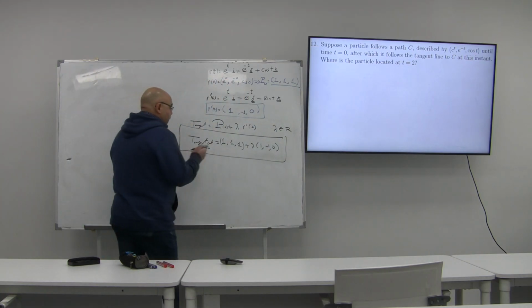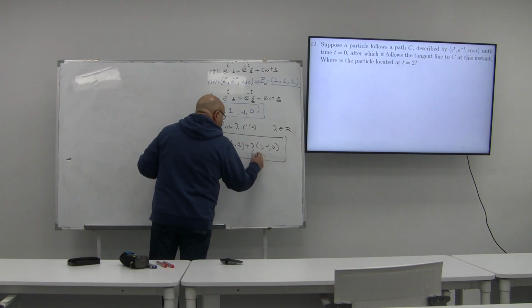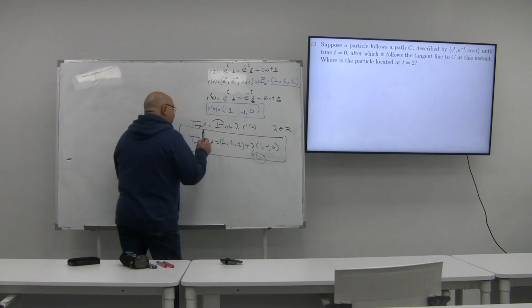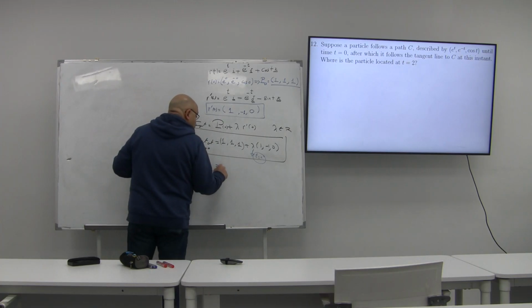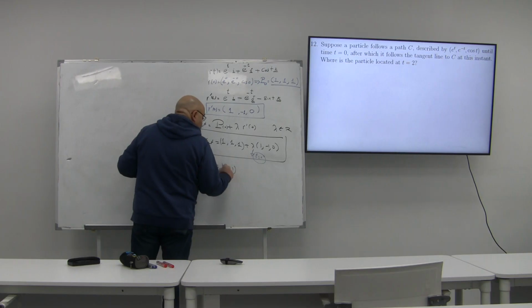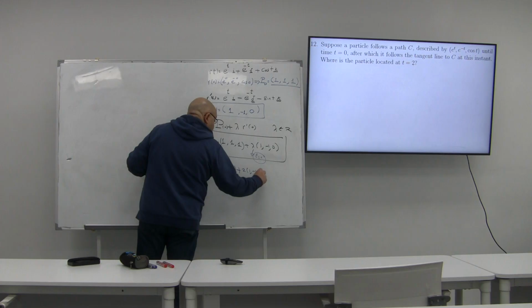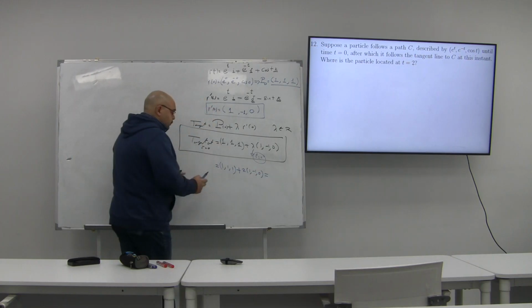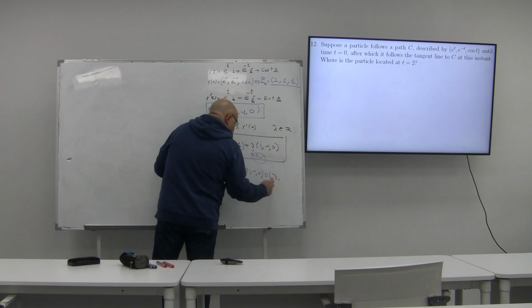So all I have to do now is replace lambda by 2, and now I will have the exact position of this particle. So it's going to be (1, 1, 1), plus 2 times (1, negative 1, 0). So it's going to be 1 plus 2, so it's going to come up to 3.